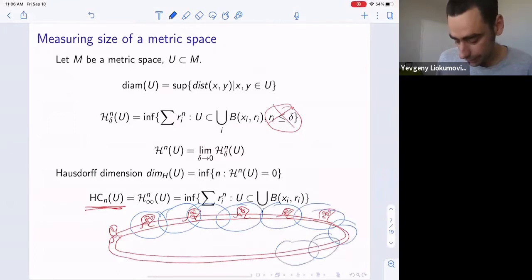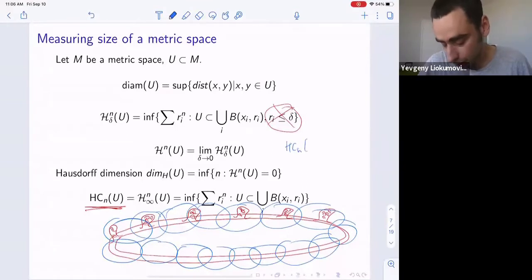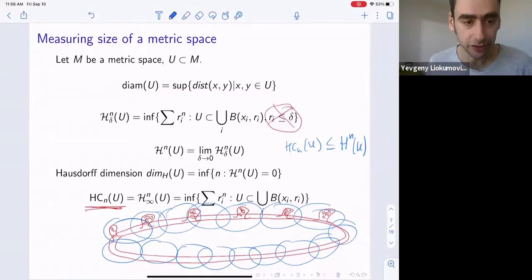And so in some ways it is sort of one-dimensional because it sits close to a circle. And so if you sum up the squares of radii of these balls, you can make them small, and so the Hausdorff content will be very small compared to Hausdorff measure. So my point is the n-dimensional Hausdorff content is always less than the n-dimensional Hausdorff measure, but sometimes it can be much less.